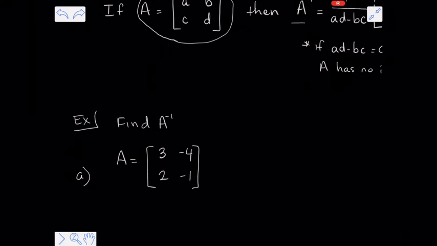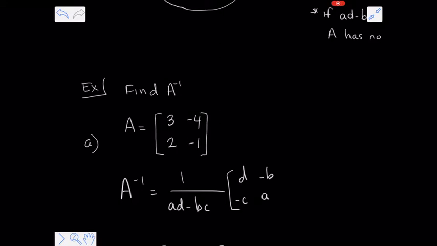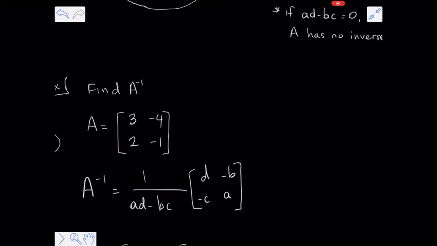So, to practice, given matrix A, we need to find the inverse. So the inverse of A is 1 over AD minus BC, and then D and A switch, and then B and C take on the opposite sign.